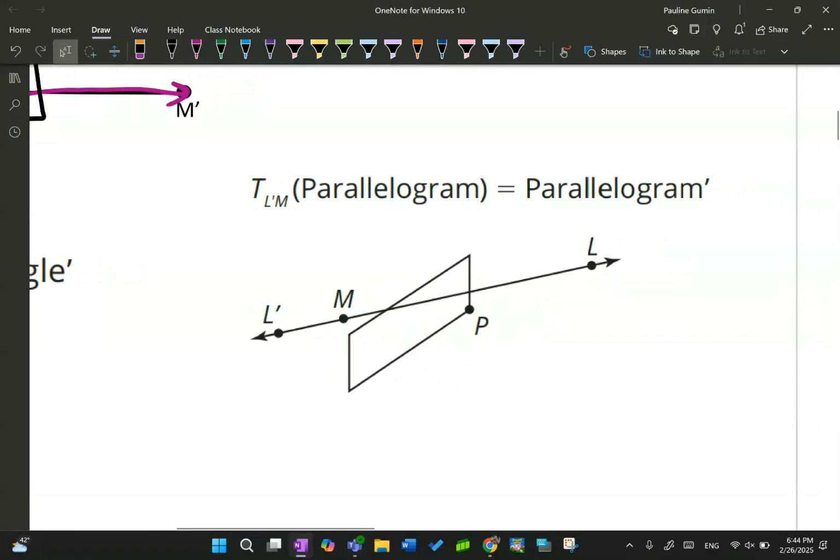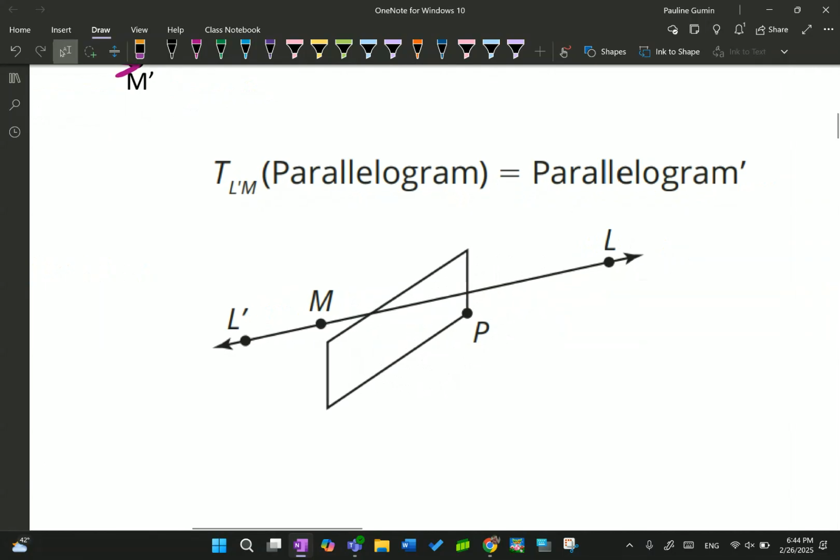Ooh, my drawing on this one's going to be rough, but let's give it a shot. T Lm prime parallelogram. This means we're going to translate the parallelogram the distance and direction of Lm prime. What I meant to say was L prime N, not Lm prime. L prime N. Anyways, I'm going to copy and paste this distance, L prime M, to point P. There it is.